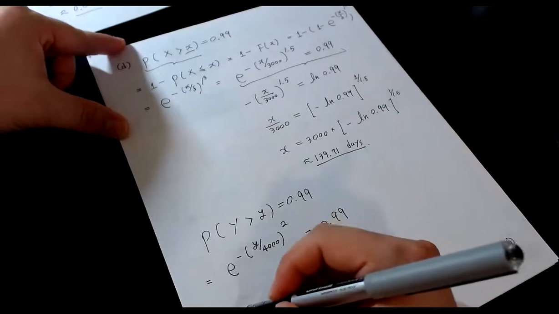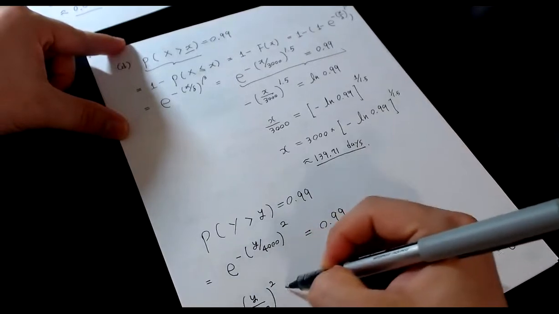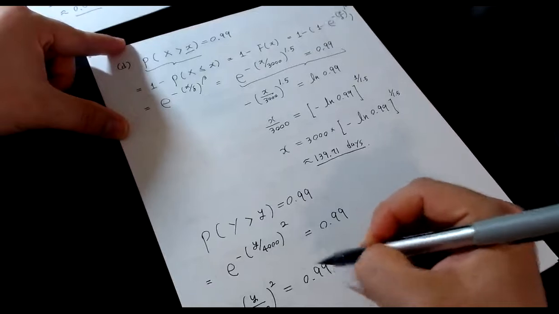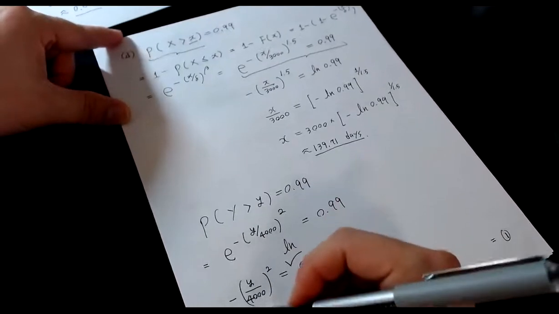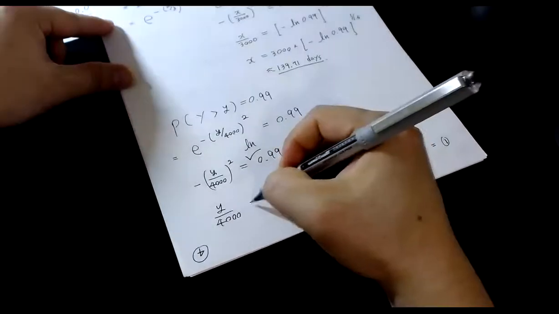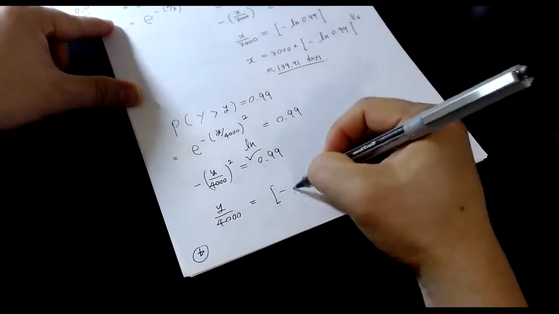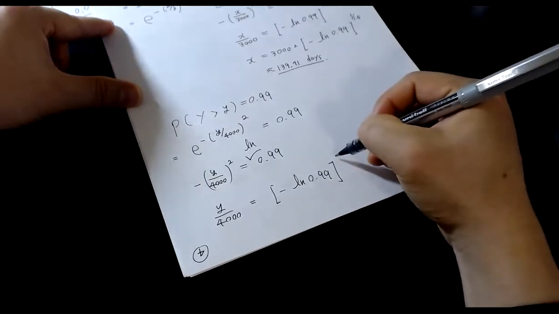Then minus y over 4000 to the second power is equal to the natural log of 0.99.